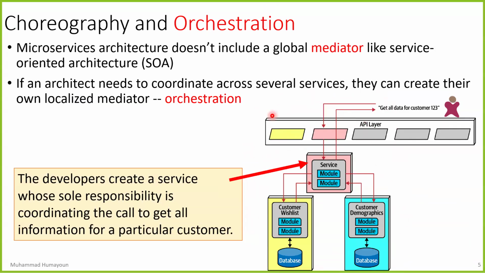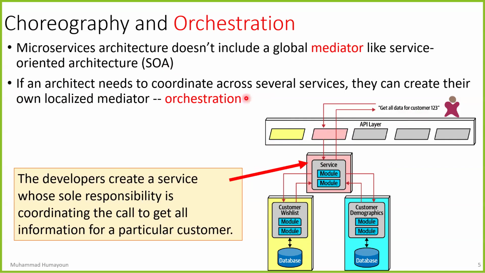So microservices architecture doesn't include a global mediator like the service-oriented architectural style. In service-oriented architectural style, we had a global mediator connecting business services to basic services. But here, it's just a small service to complete one business process about customers.